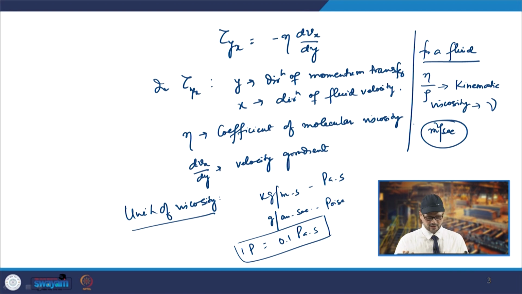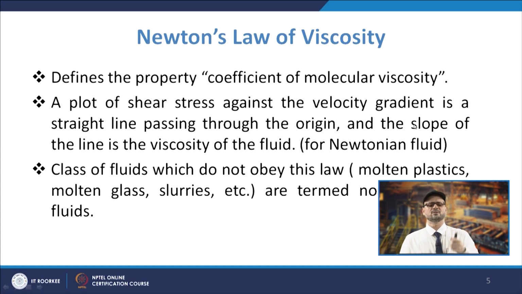So, in the case of SI units, it will be meter square per second, and in CGS system it is centimeter square per second. So, that is the Stokes. So, this is about that property of the fluid.